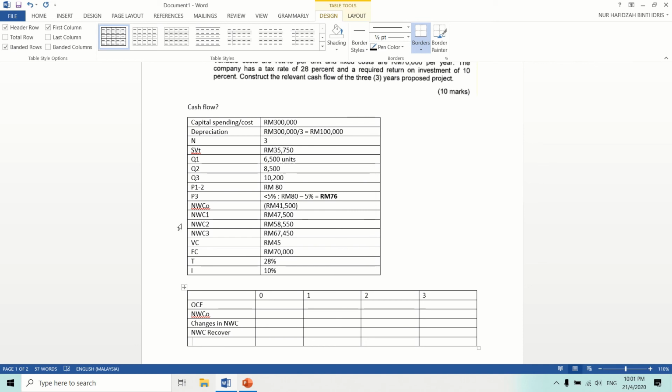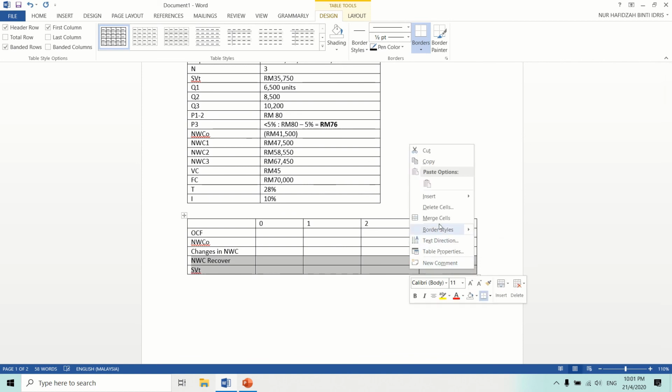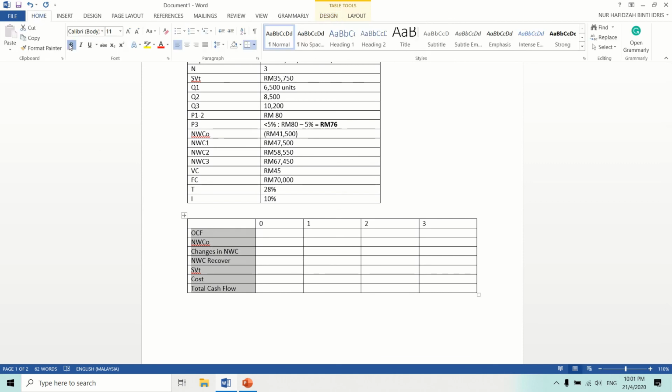Then after-tax salvage. Then capital spending, also known as the cost of the project. The last one is the total cash flow. These are the things that we want.